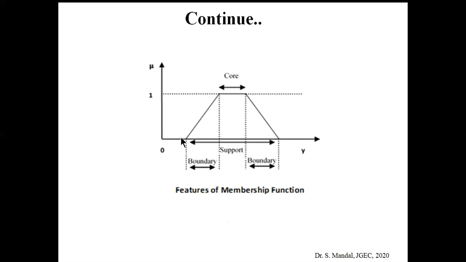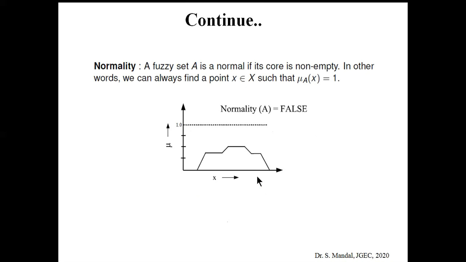Support means where mu does not equal 0, and core means where mu A equals 1. The boundary means where mu A lies between 1 and 0. You can see that this area to this area is the boundary. So if 0 is less than mu less than 1, that is the boundary.